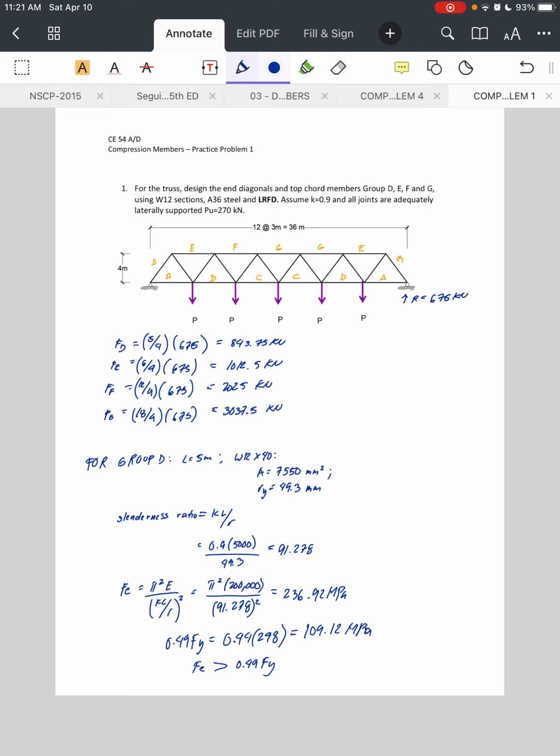Okay? Yun yung most likely magbibigay ng critical slenderness ratio natin. So, yung ry yung pinili natin. Okay? So, let's still have some practice problem. Alright?